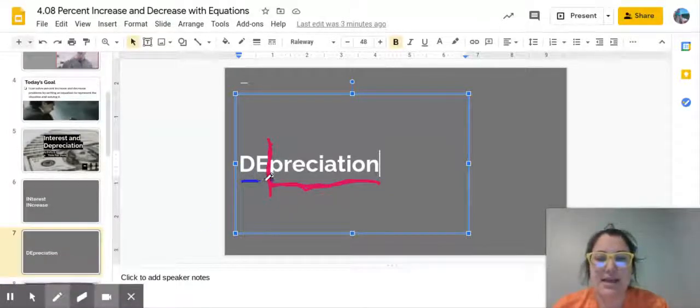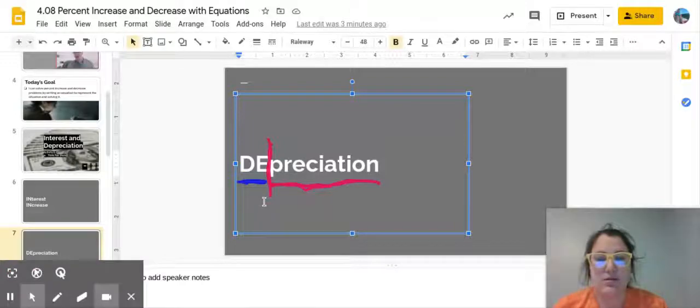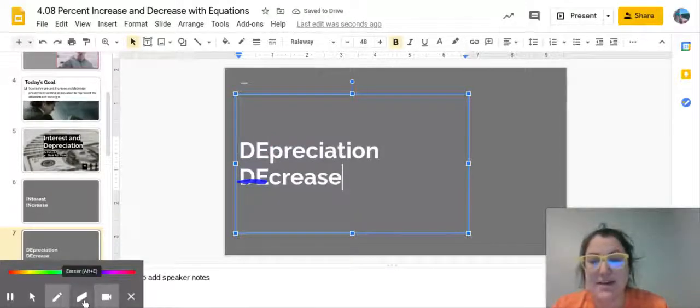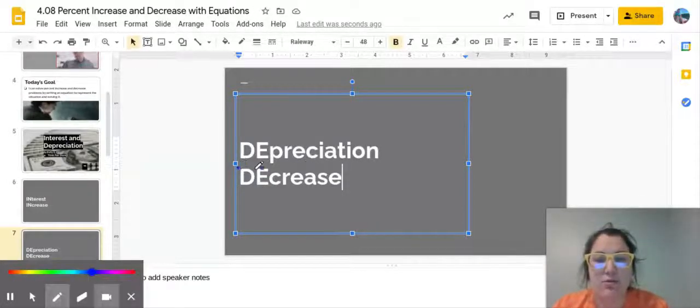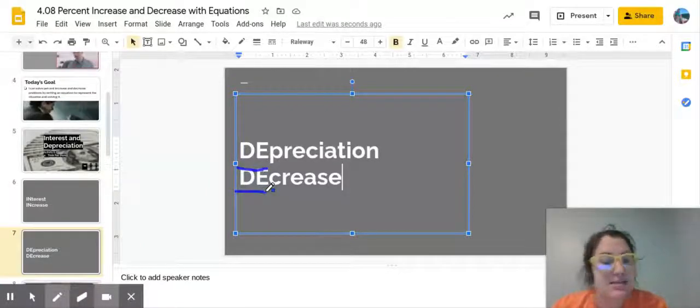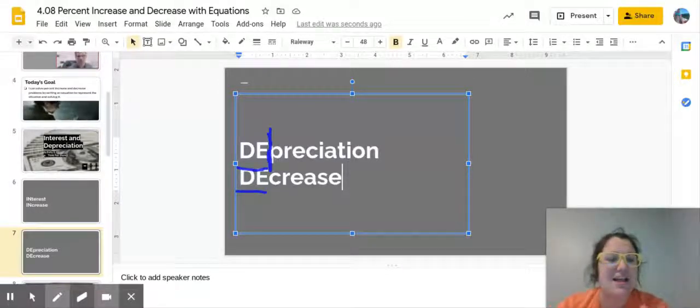Well, with the prefix D, you could be thinking of the word decrease. So we have decrease and we have depreciation. So we could assume that a depreciation is always a decrease. Okay, so we could think of a depreciation as a decrease of appreciation. So it's something that's going down, something that's not worth as much anymore.